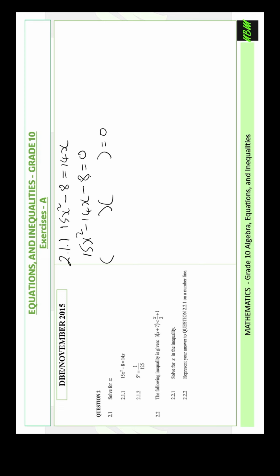We are just going to take 8, meaning we'll take 15 multiplied by 8. What is 15 multiplied by 8? 15 multiplied by 8 is 120. 15 times 8 is equal to 120.